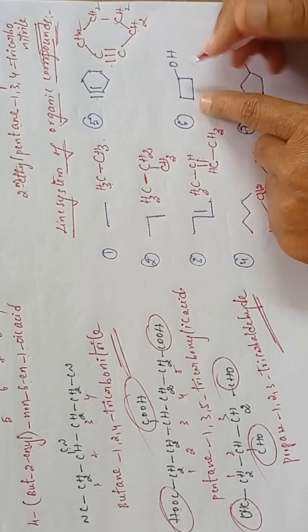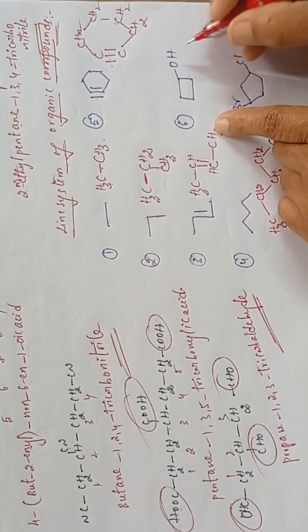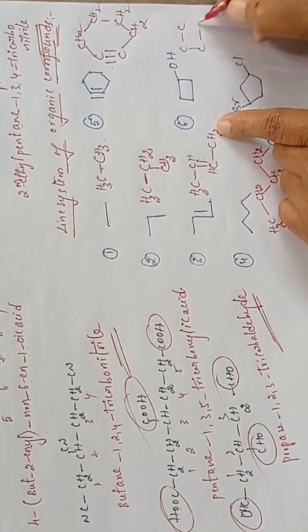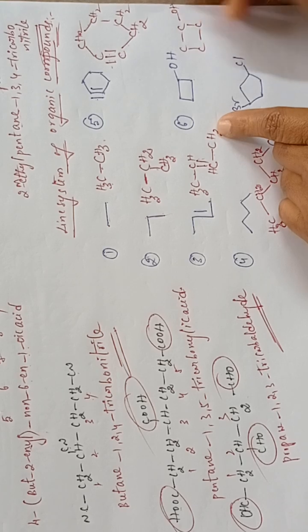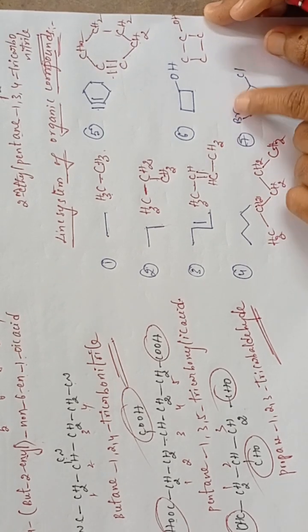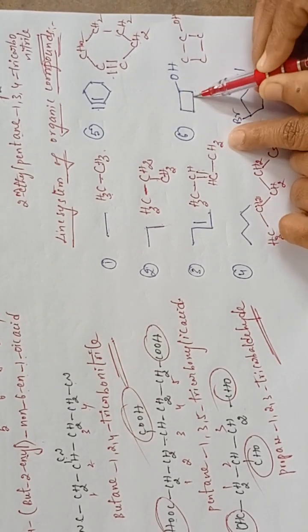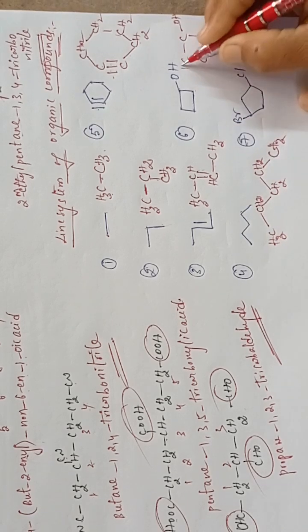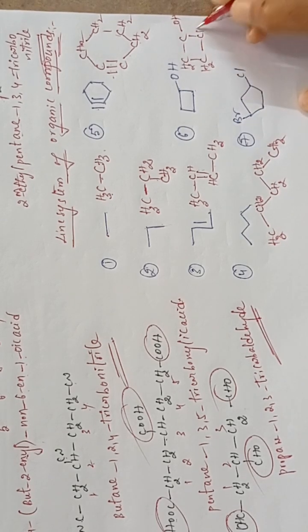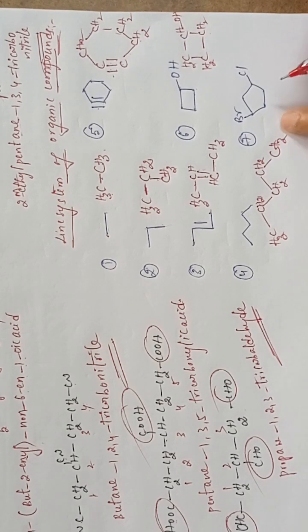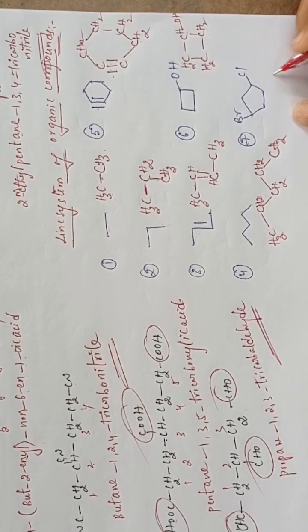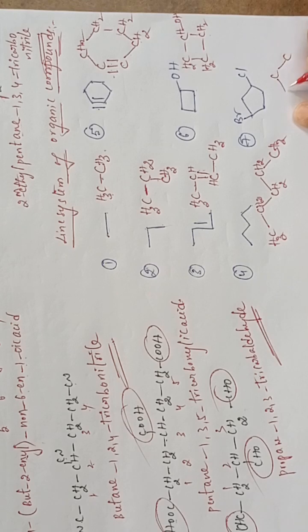Clear? Now see here in this compound, carbon, carbon, carbon, OH. So this is the compound. Understanding? Carbon, carbon, carbon, carbon, OH. Now balance here CH2, here H2, here H2, here 3 bonds are there, hydrogen. Now see here carbon, carbon, carbon, carbon, carbon, okay.